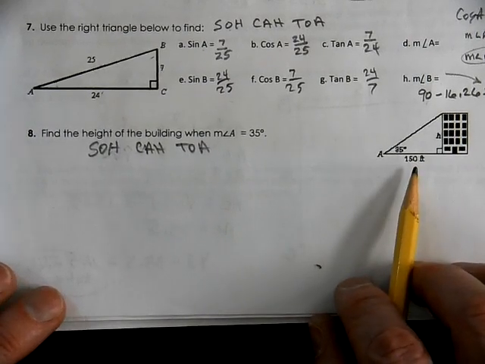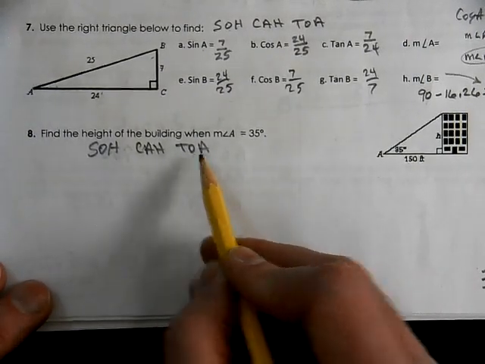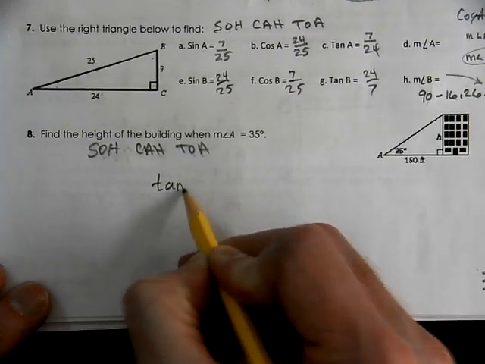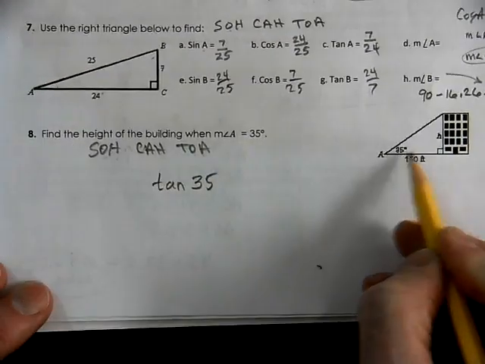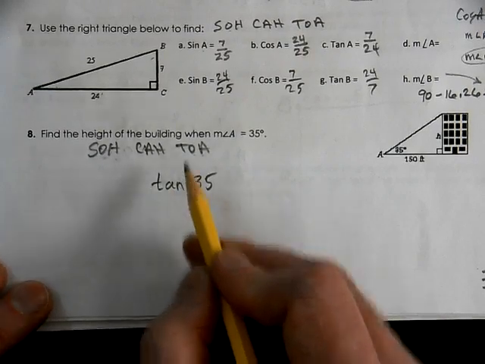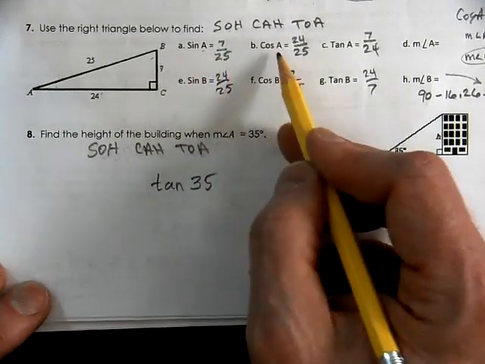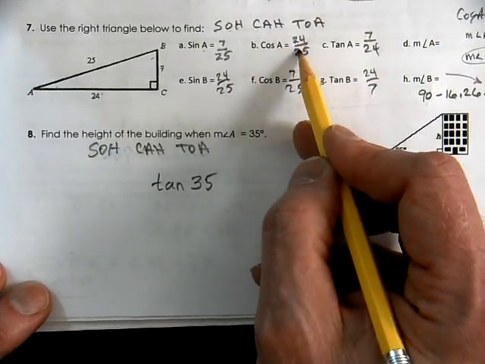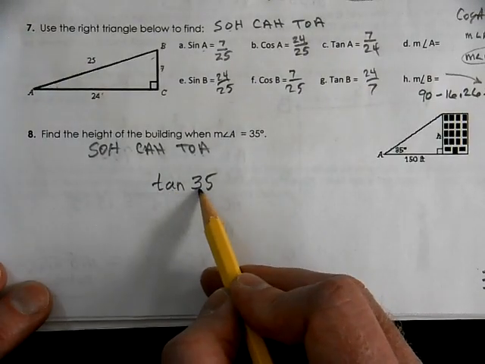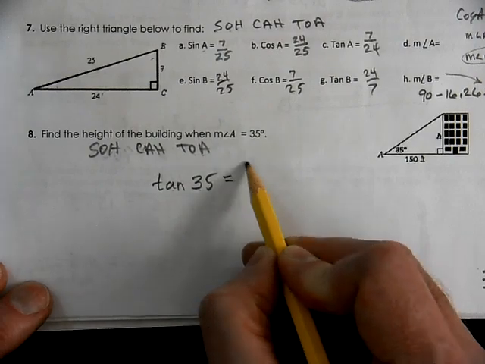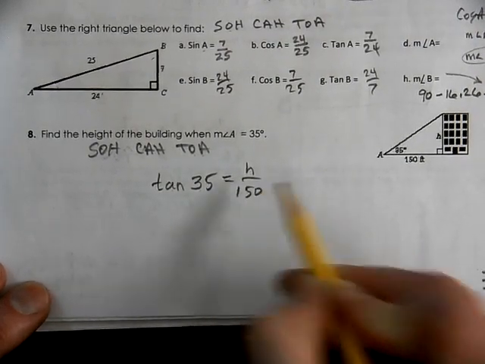Opposite the angle, adjacent. So we know that that's going to be tangent of the angle. Always tangent of the angle. This is sine of the angle equals a fraction. Cosine of an angle equals a fraction. This is tangent of an angle equals a fraction.